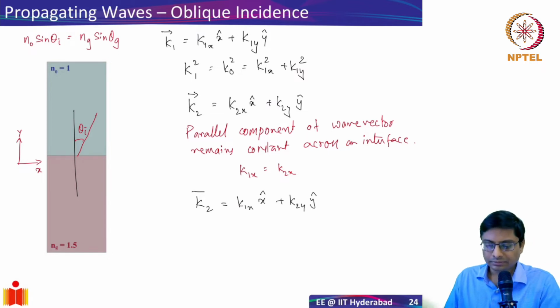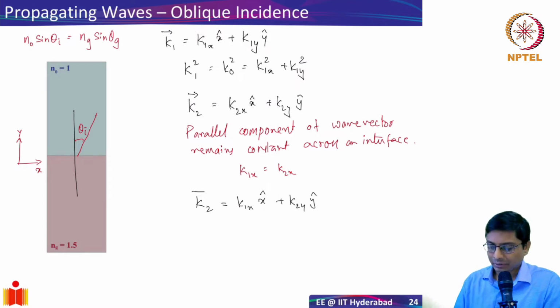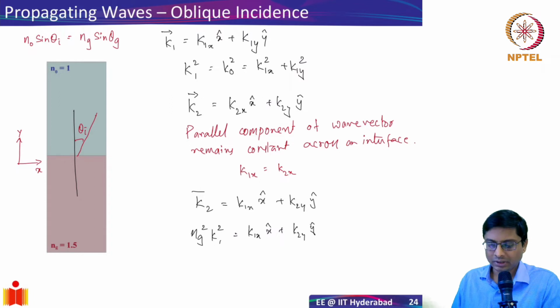But we already know that the absolute value of the wave vector has to increase by the refractive index n as we go into different media. So k2 square is going to be ng square times k1 square, equal to k1x square plus k2y square.